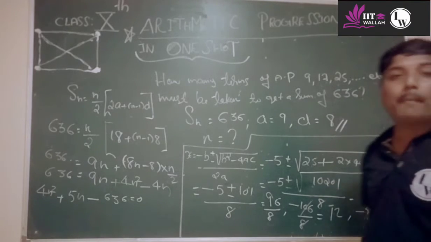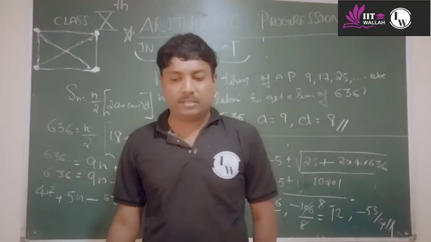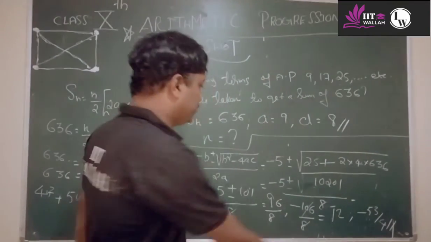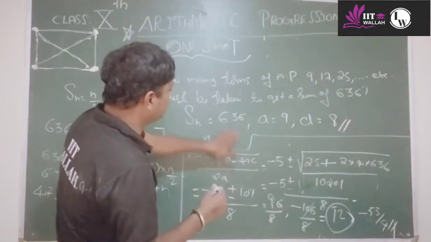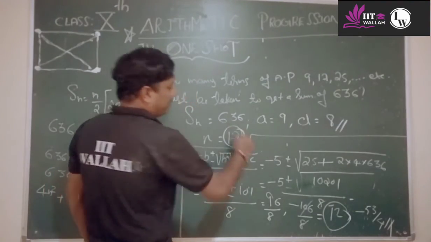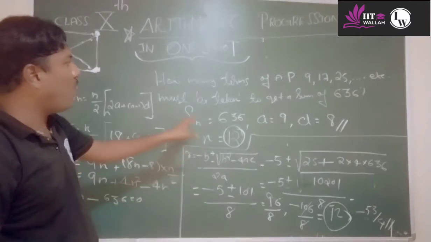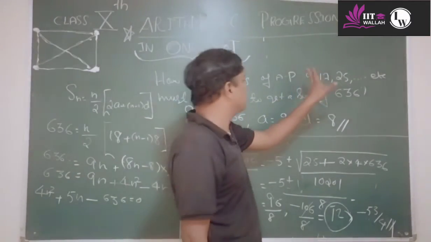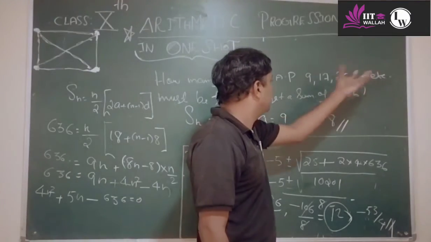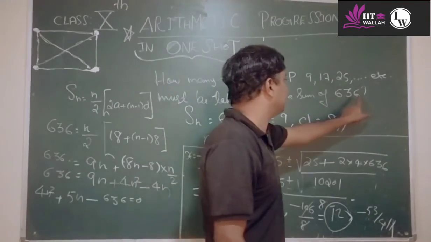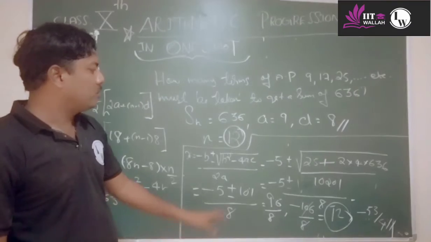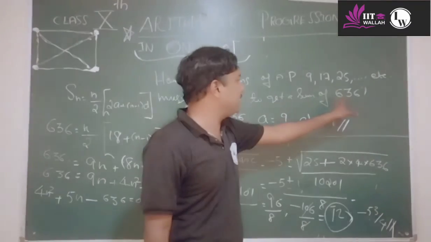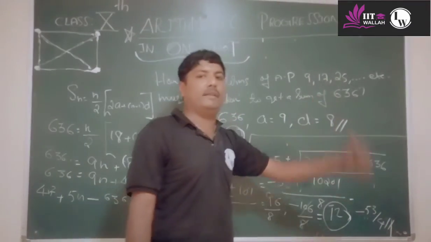Number of terms cannot be a fraction, so our answer is 12. Therefore n is equal to 12. That means if you add 12 terms, you will get 636 in this AP. 12 terms are required to get a sum of 636 in this AP.